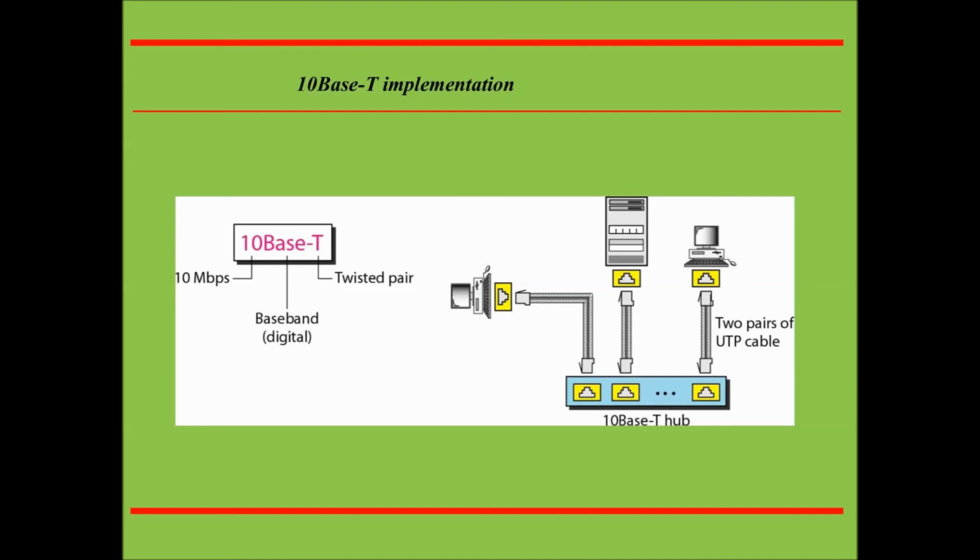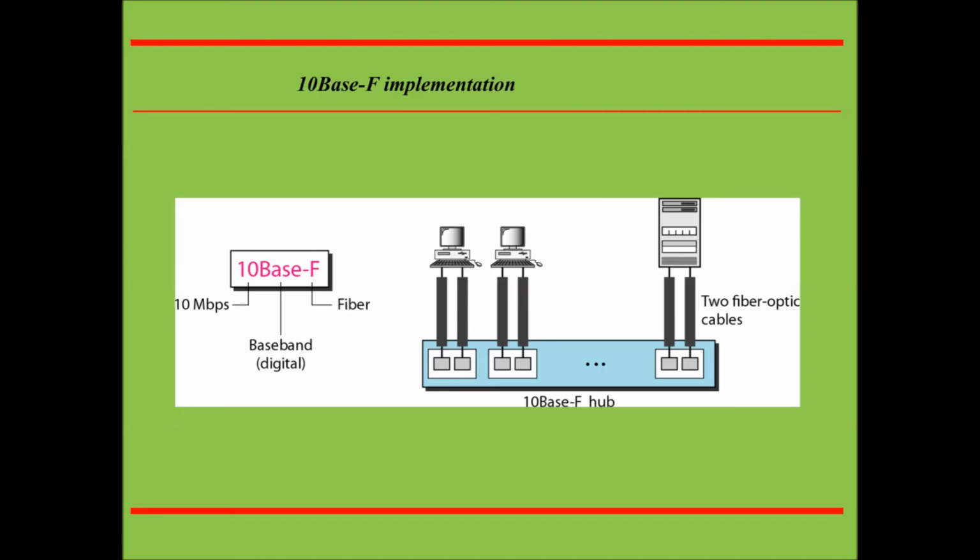A 10 base T implementation, this is the same as the 10 base 5 implementation. Over here 10 is 10 megabits per second, base is baseband, which is digital transmission, and T stands for twisted pair cable. So you can see different devices, and we use twisted pair cable to connect these devices, and a 10 base T hub is being used to attach all these devices. So this is the implementation of 10 base T. A 10 base F implementation: 10 is 10 megabits per second, base is baseband digital transmission, and F is fiber.